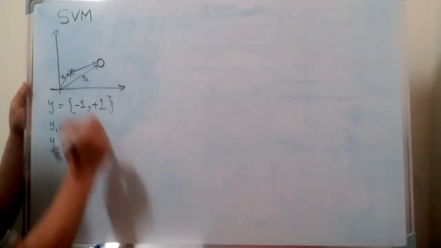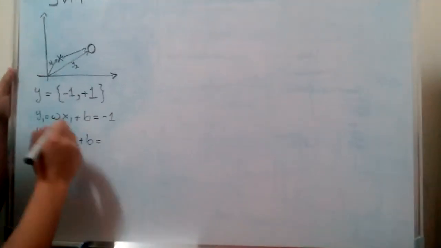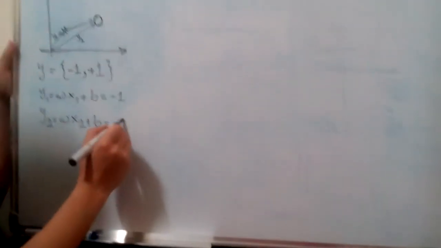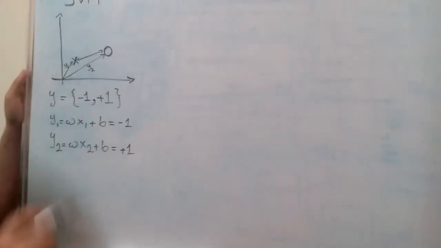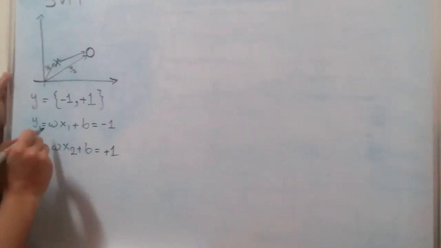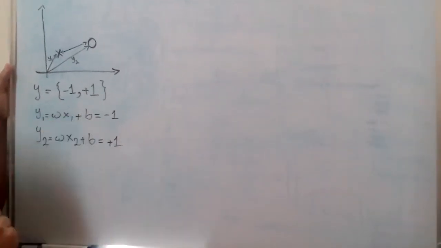We know that y1 equals minus 1 and y2 equals plus 1. So this is the line equation. This is from elementary algebra. We know that the line has the slope omega and the intercept b.